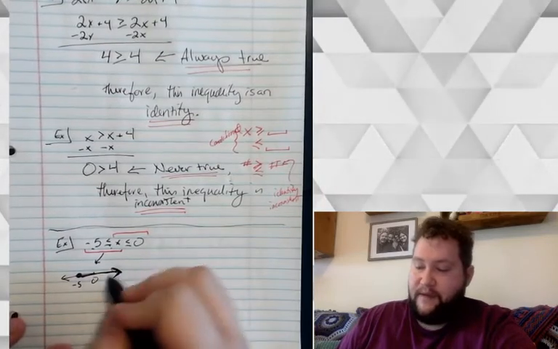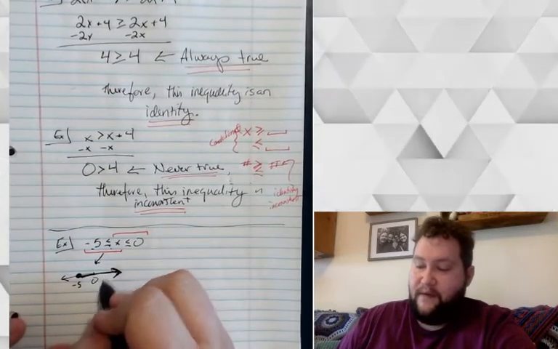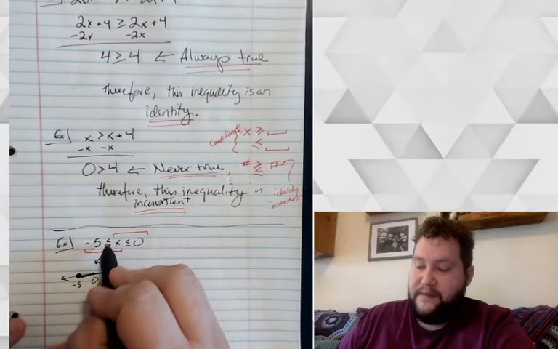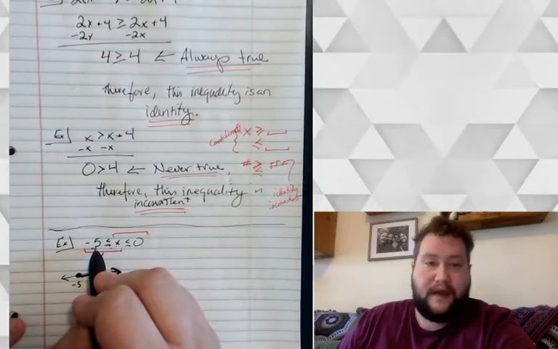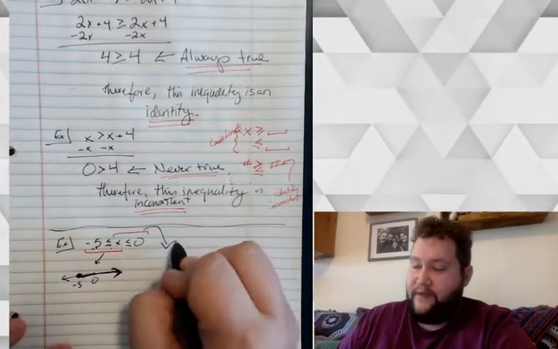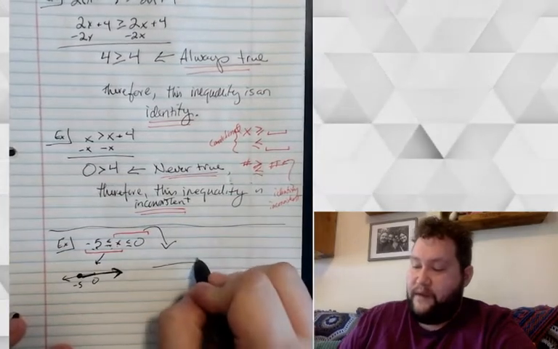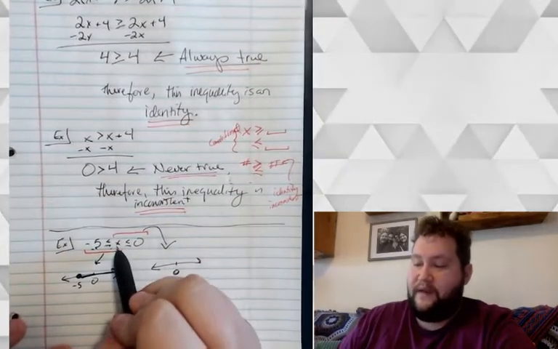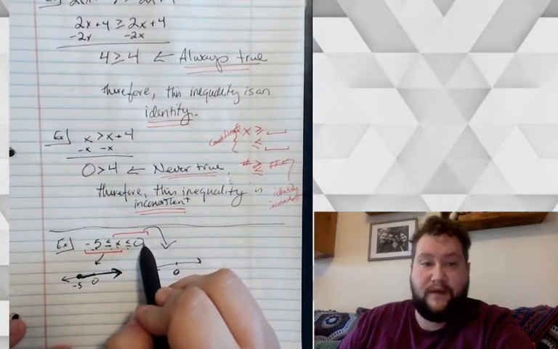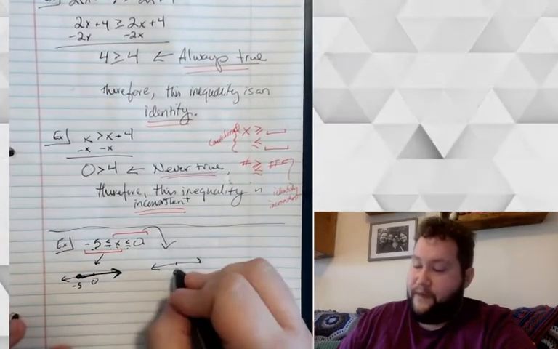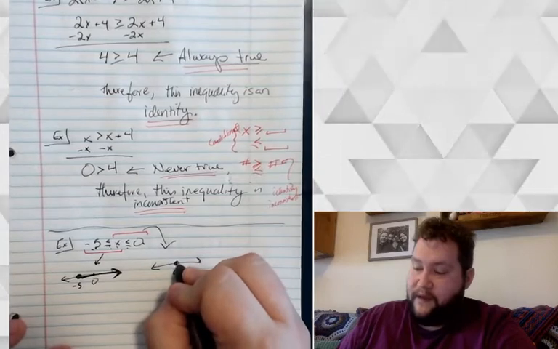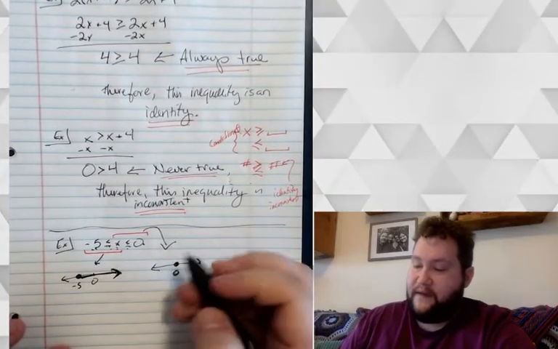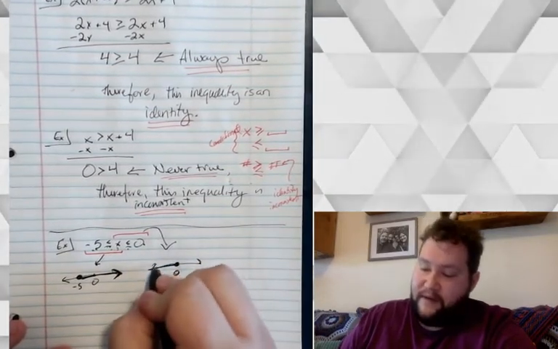Because if we put, say, 0, 0 is bigger than or equal to -5. And if we look at this other one, put our number line, 0, we have x is less than or equal to 0. So, or equal to means we have a solid dot, and x is less than or equal to that, and so we shade everything to the left.